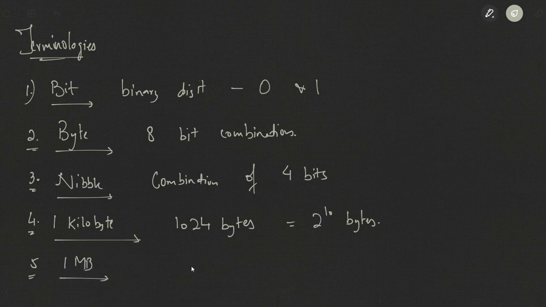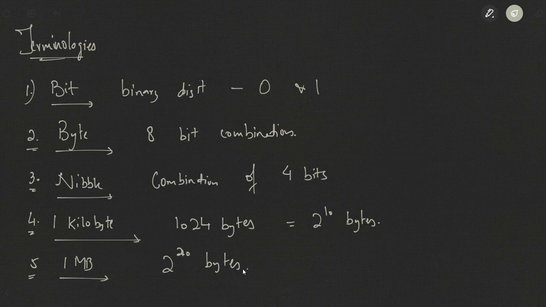It's actually 1024 kilobytes, or you can say 2 raised to power 20 bytes. 1 gigabyte is 2 raised to power 30 bytes. Fine. So these are actually the size of the memory that we are talking about.